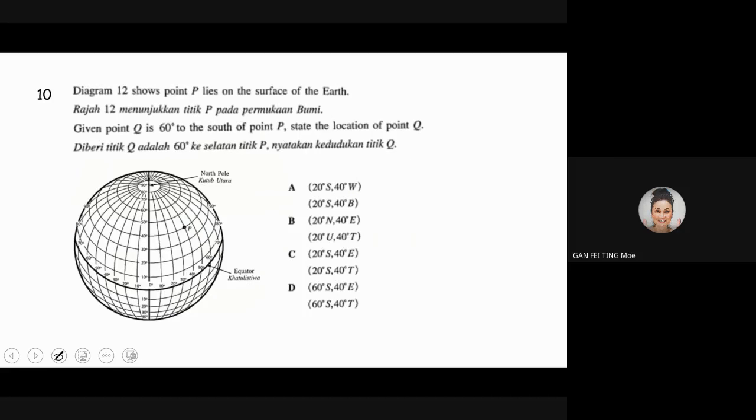Now another question. For this question, I'm not going to explain anything. Just try it on your own. Tell me what your answer will be. Can you see the question? I believe that you can. Give me your answer.